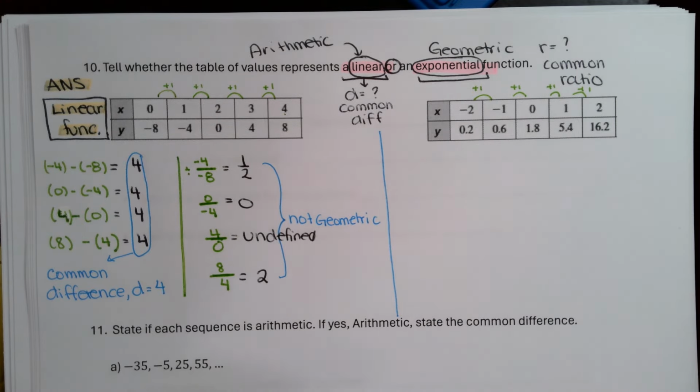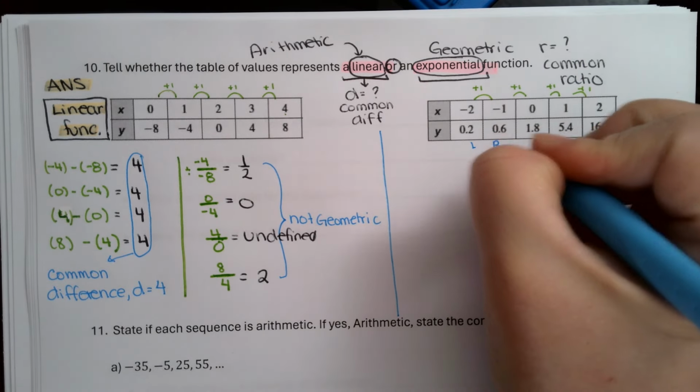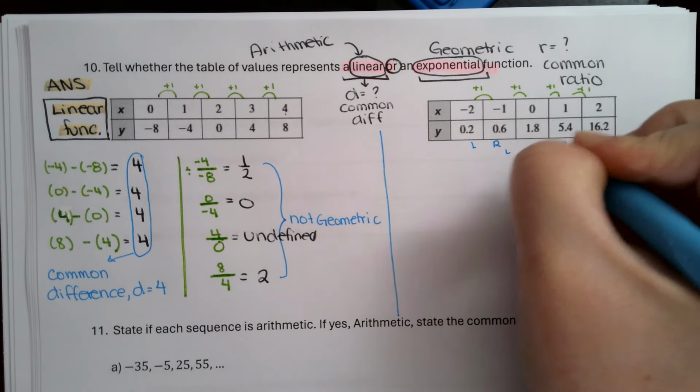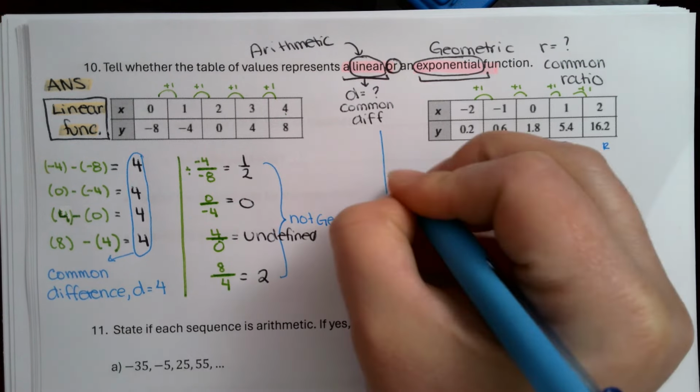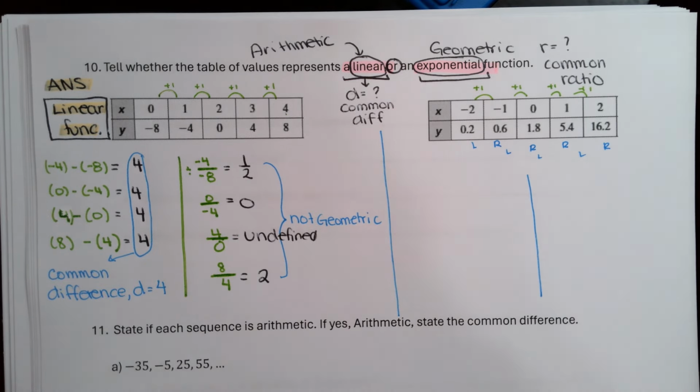Okay, that's your answer. Okay, let's do it again. Again, right, left, right, left, right, left, right, left. Be careful with your rights and your left. Going to split this up one more time.